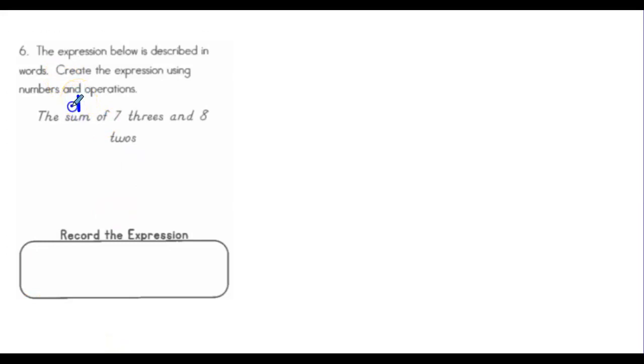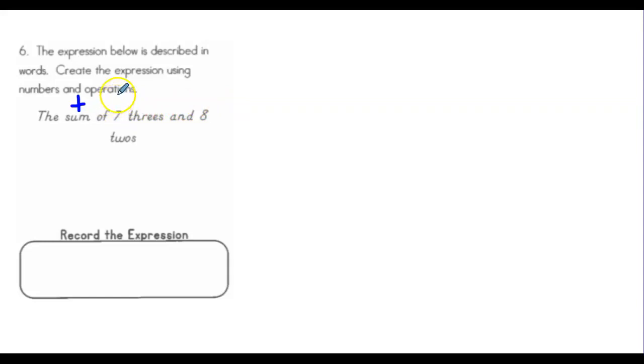So on number 6, the expression below is described in words. Create the expression using numbers and operations. So we have the sum, and sum means what? To add. The sum of 7 threes and 8 twos. So this is wanting 7 threes.